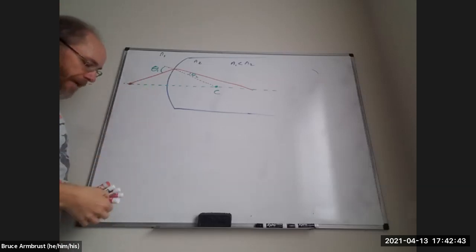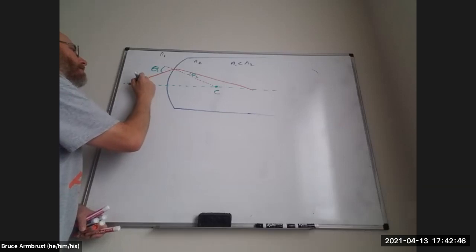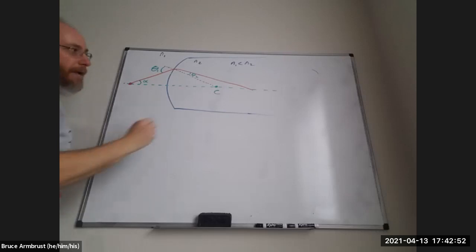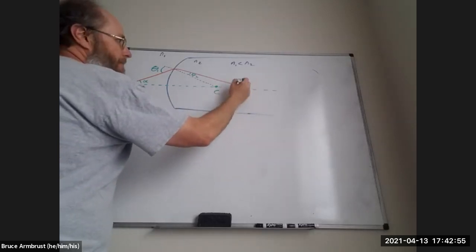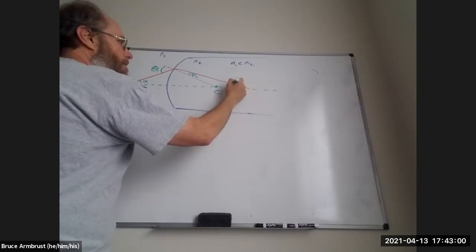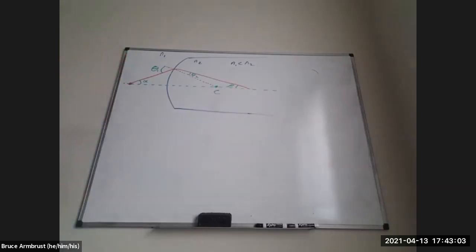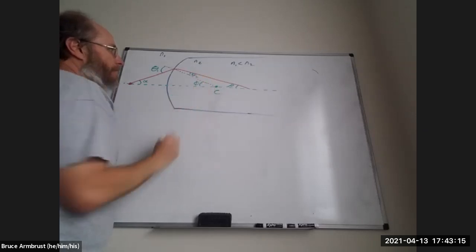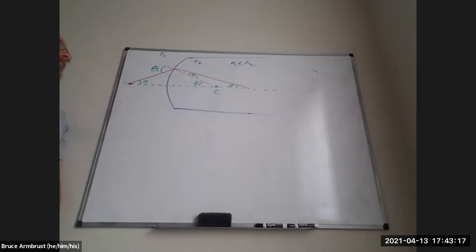I'm going to name the angle that's out here alpha. And then I'm going to name the angle where the ray is coming down and hits the center line again as beta. And then I'm going to put one more in here. I'm going to look at this angle. We'll call that guy phi, the angle from the center line up to where we actually intersected the curve.